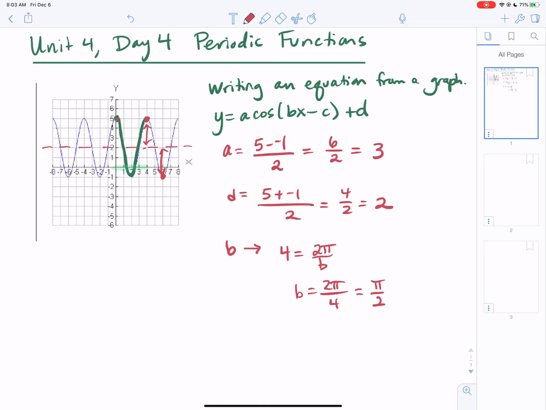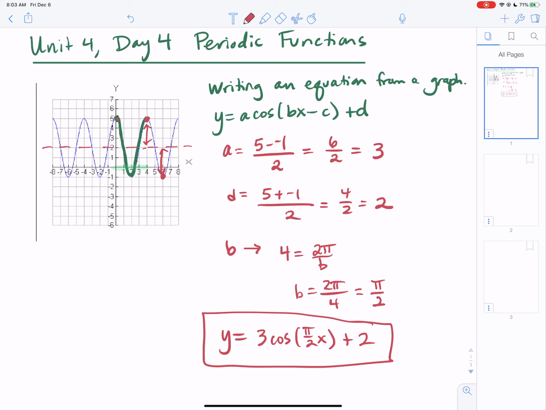So there is no c value for this. So our final equation is going to be y equals a cosine, b is... Ooh, sorry, take that back. B is pi over 2, and then d is the plus 2. So that is your final equation.